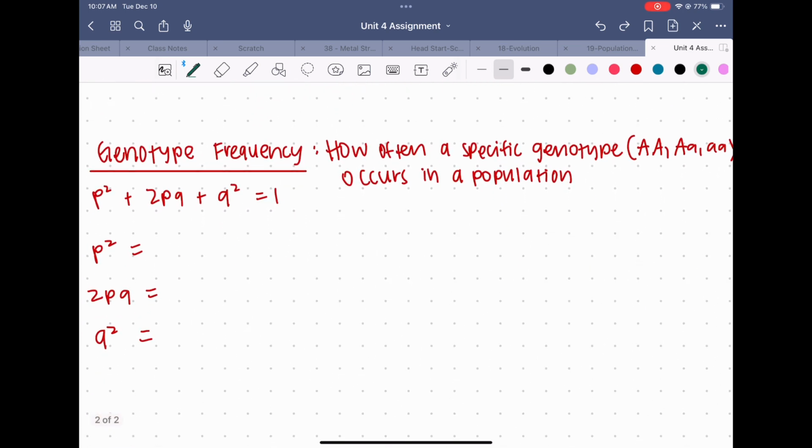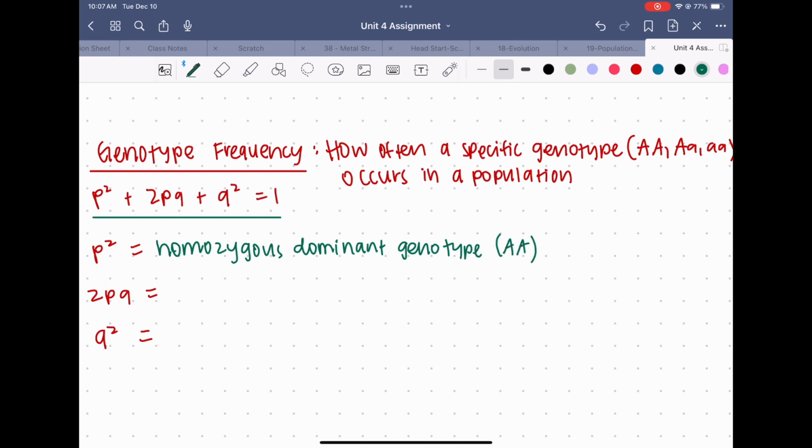When we talk about genotype frequency, the equation to remember is P squared plus 2PQ plus Q squared equals 1, where P squared is the homozygous dominant genotype. So this is like big A, big A. 2PQ represents our heterozygous genotype.